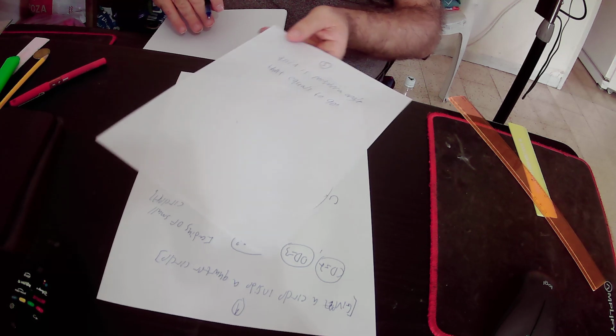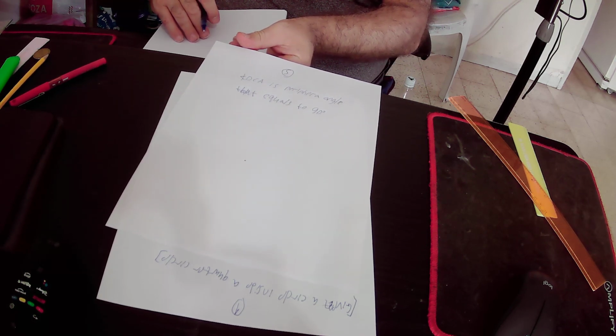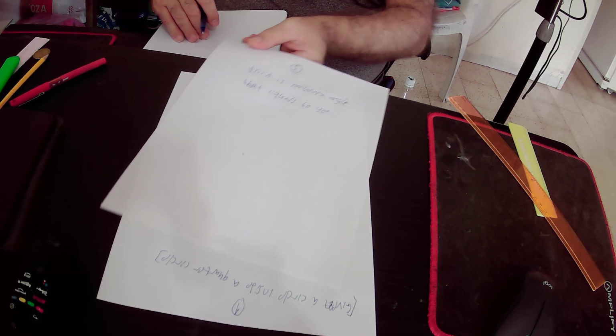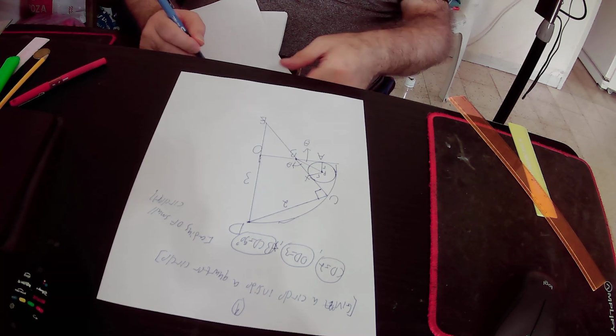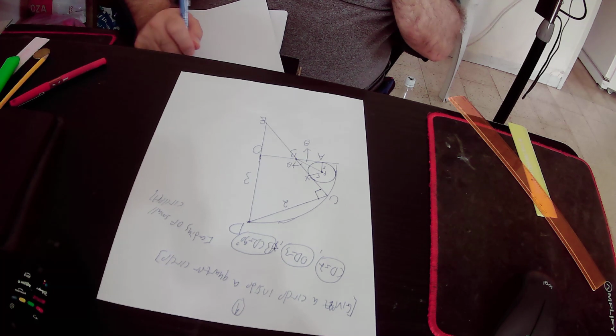Again, angle DCA is a peripheral angle that equals 90 degrees.